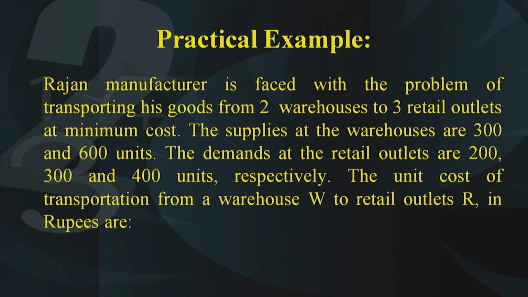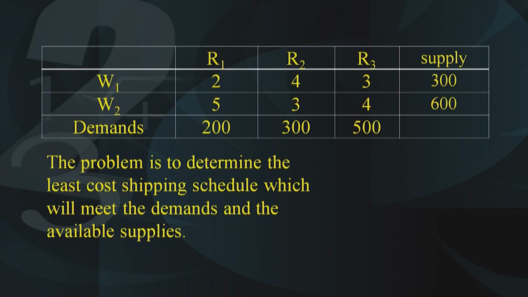Now, the unit cost of transporting from a warehouse W to a retail outlet R is given in the following table. This table tells us that there are 2 warehouses W1 and W2 and there are 3 retail outlets R1, R2 and R3.